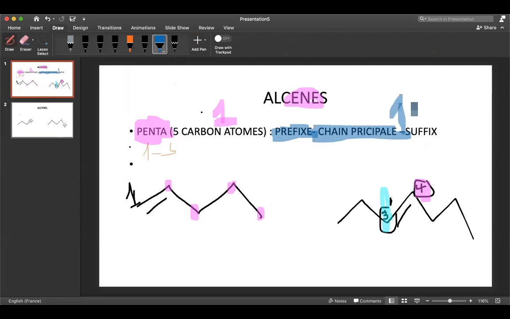Just take the position of the SP2 hybridisation, which is the double liaison. At which position is the SP2 bond found? Then the suffix. So the name of this compound would be penta, which is also for the chain principal. At which position? Position number 1, so it's going to be penta.